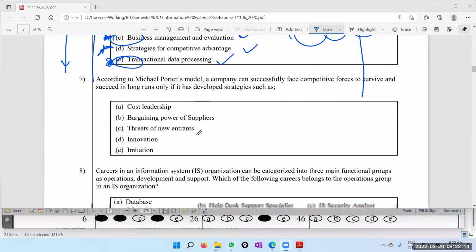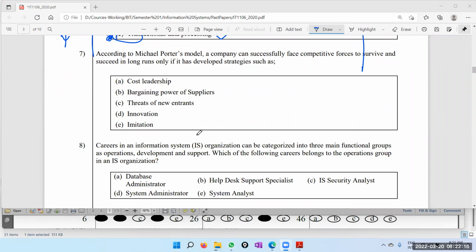Right. 7. According to Michael Porter's model, a company can successfully face competitive forces to survive and succeed in the long run only if it has developed strategies such as... Remember we discussed Michael Porter's 5 force analysis. You must remember those 5 forces because we discussed that, and you can refer to the notes that we have provided also.